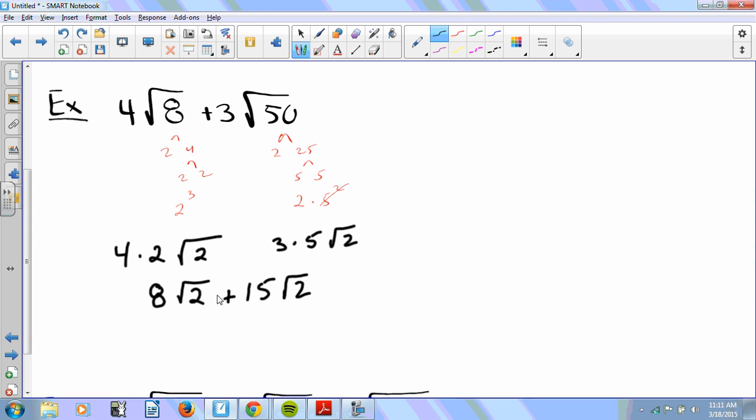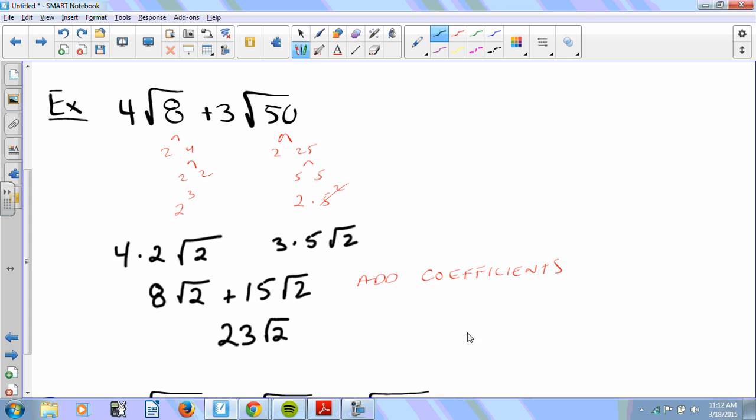Now if I look, I have like radicals. To simplify, all we're going to do is add your coefficients, just like it's a variable. So 8 plus 15, you get 23, and then your radical is unchanged. That's where the mistake is going to happen.